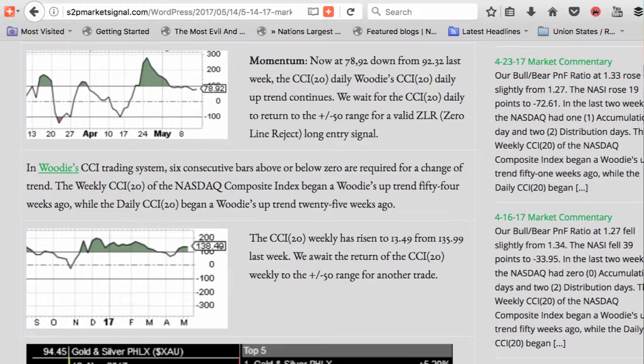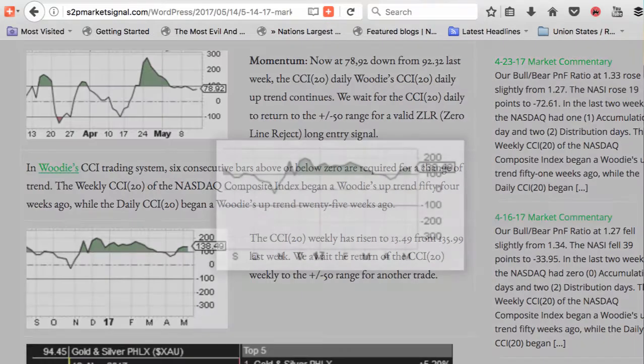In Woody's CCI trading system, 6 consecutive bars above or below zero are required for a change of trend. The weekly CCI 20 of the Nasdaq Composite Index began a Woody's uptrend 54 weeks ago, while the daily CCI 20 began a Woody's uptrend 25 weeks ago.